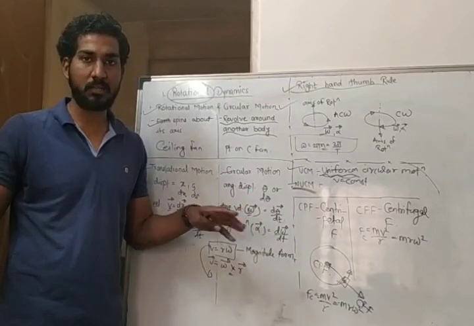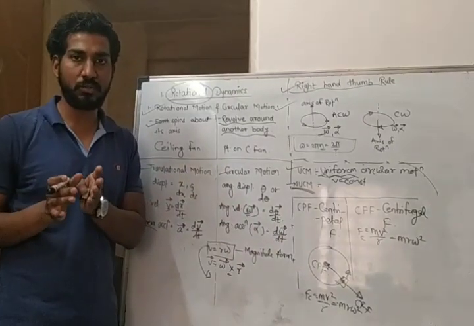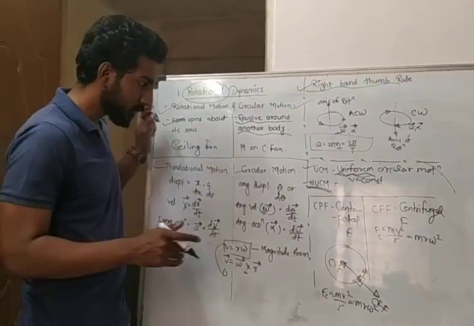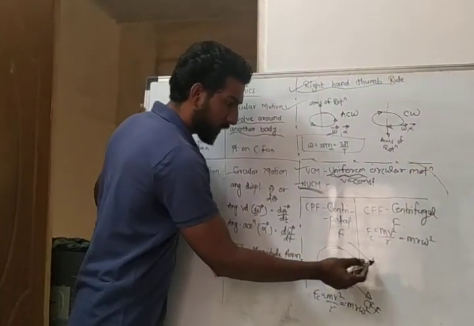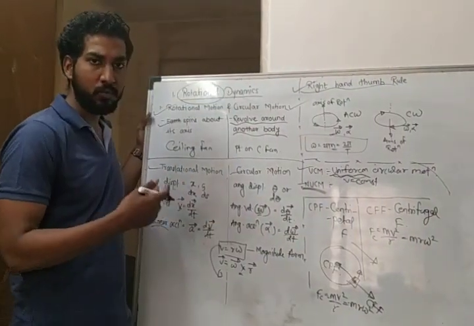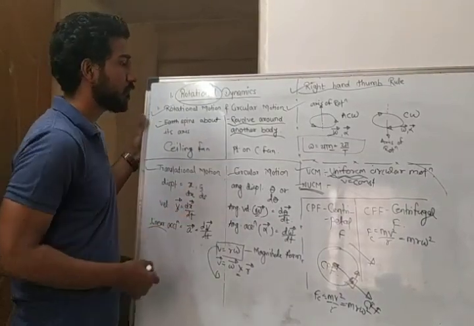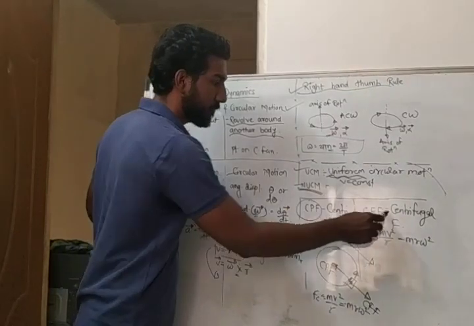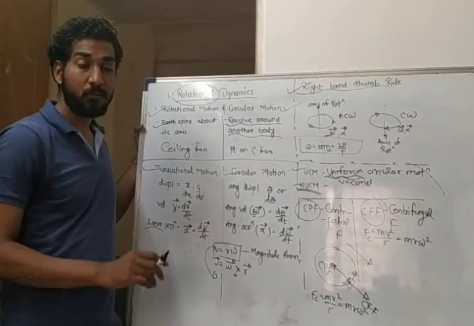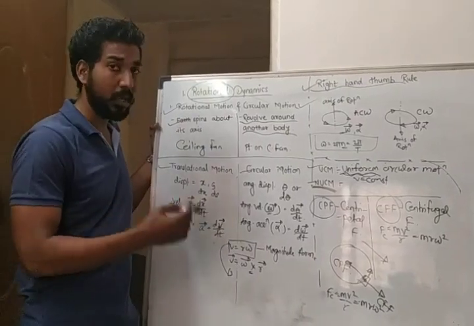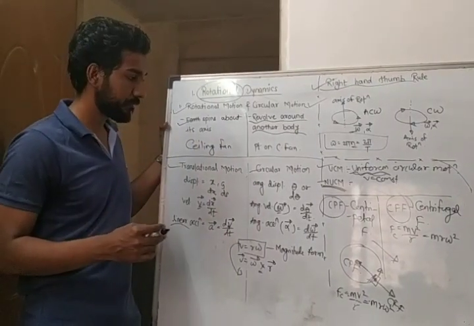It gets balanced and our car stays in a steady position, so we do not move to any side. In further lectures I will take numerical examples, and also three applications of these forces, CPF and CFF, that we face in day-to-day life, in the next lecture.